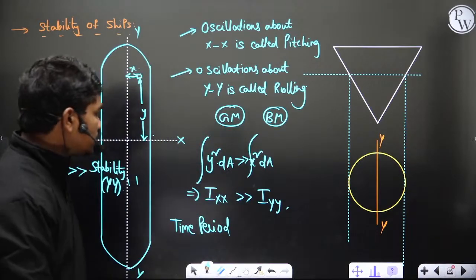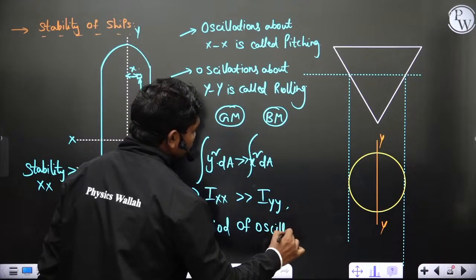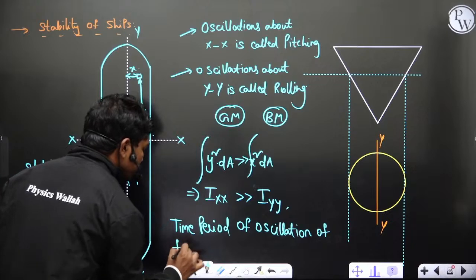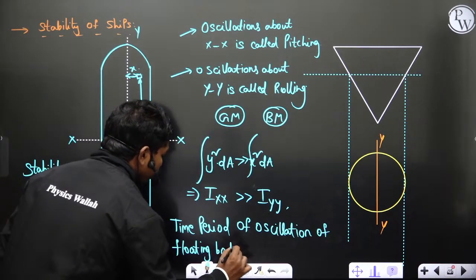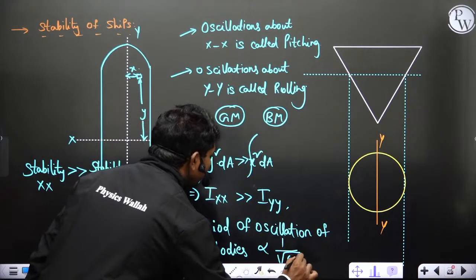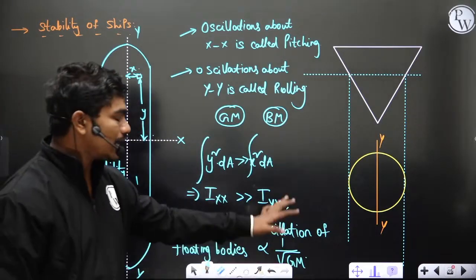Now let us see time period of oscillation of floating bodies. Time period of oscillation of floating bodies is inversely proportional to the square root of GM. This you'll get after doing a bit of differential equation analysis.